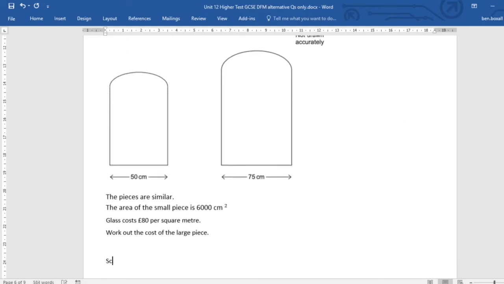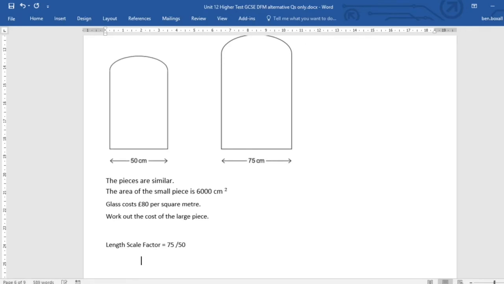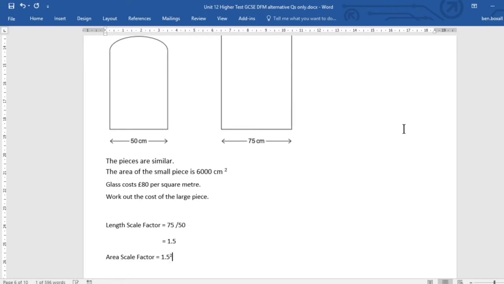We can get a length scale factor using those two lengths that the question has given us. So that's 75 divided by 50. Okay, the length scale factor is, I can see it's 1.5, isn't it? Keep on checking this on a calculator. There we go. So there's the length scale factor. The area scale factor, which is what we'll be using in a similar shapes question that mentions area, is 1.5 squared.